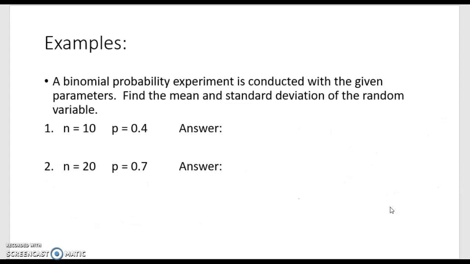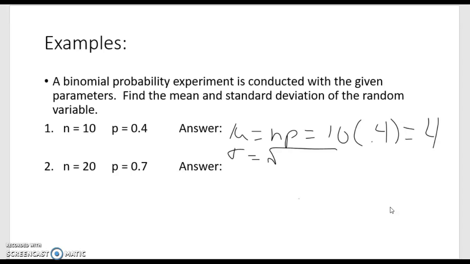Let's look at the mean and the standard deviation. For number 1, we want to find the mean. The mean is n times p, which in this case would be 10 times 0.4. We're going to get 4. Standard deviation, remember, is the square root of n times p times 1 minus p.